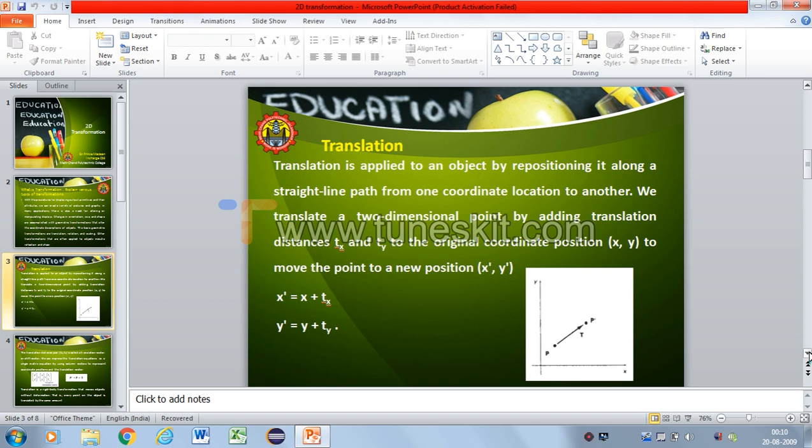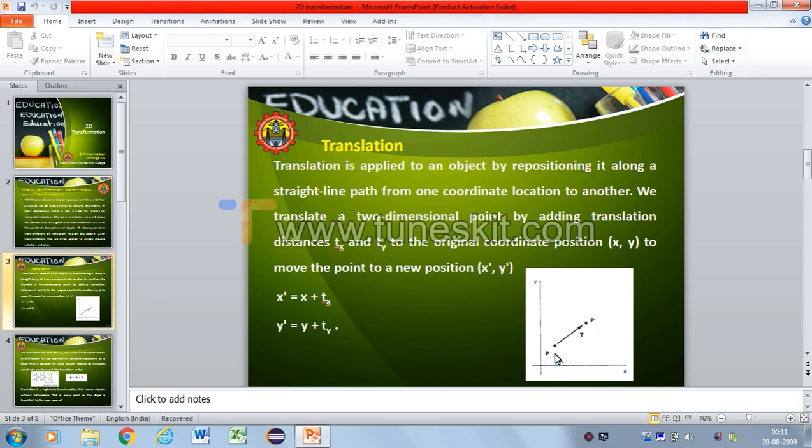For example, let's see in this picture there is one object, the original point P having coordinates x and y. Now this object is shifted from this location to this. After shifting, P becomes P dash, with coordinates x dash, y dash.